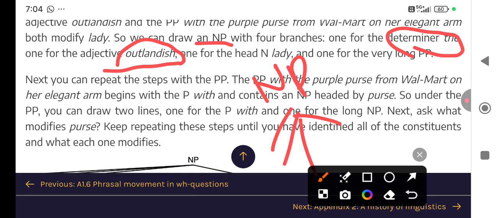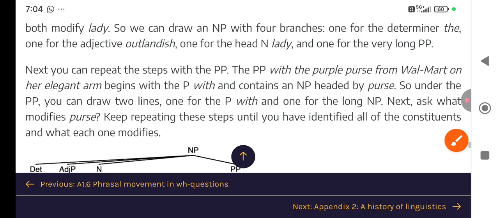And one for the head noun, and one for the prepositional phrase, that long prepositional phrase.